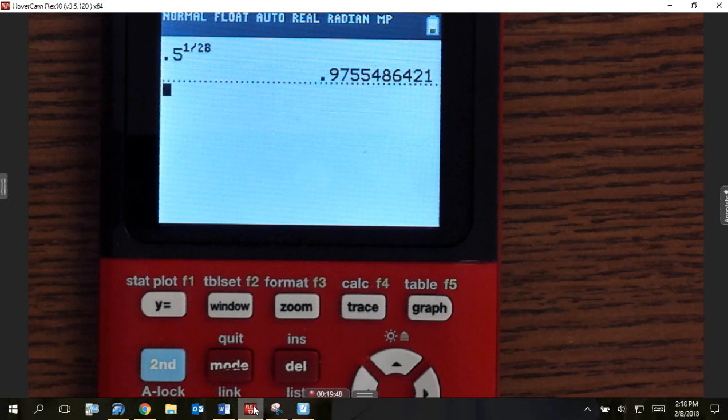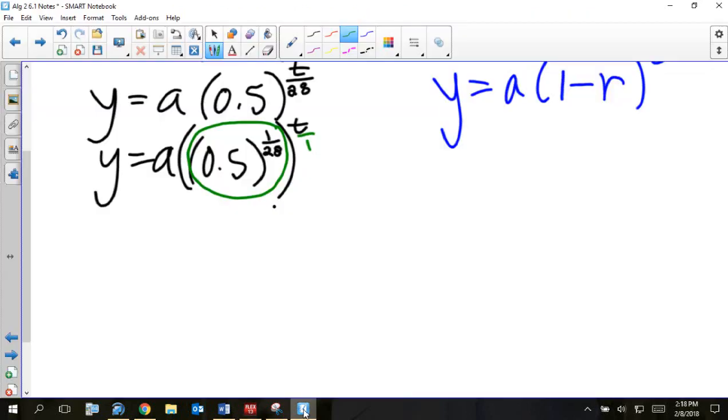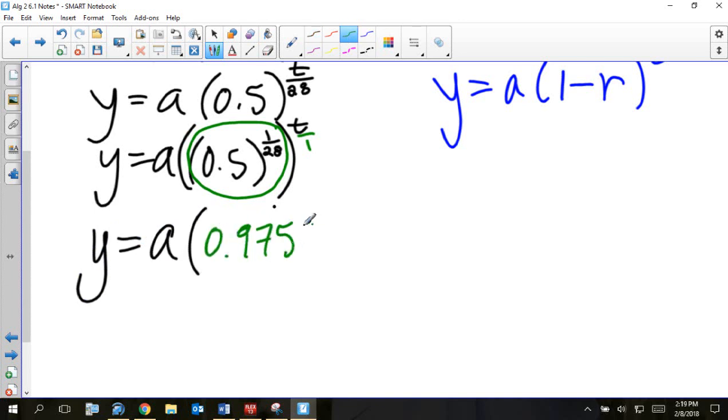I'll write down 0.9755, but I'm going to leave it on my calculator still. When you replace that with 0.9755, you now just have t over here.